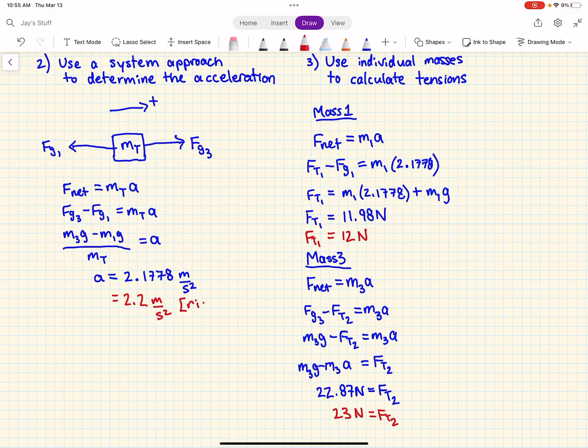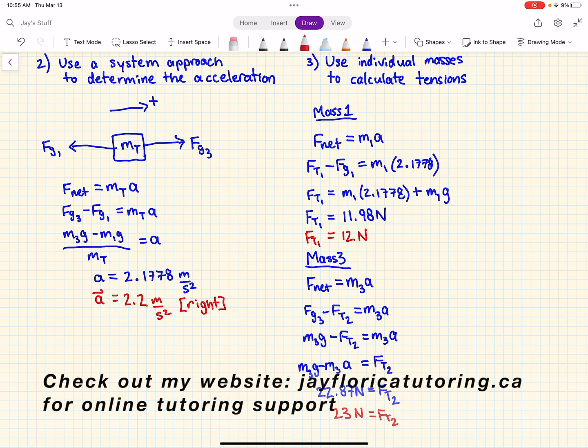And I'm going to call that to the right. If we express a as a vector, I'm going to express that general positive direction as to the right. The tensions, we don't need to give a direction because it's asking for the tension in the string. So it's not asking for the force of tension acting on any individual mass. It's just the tension in the string. So that doesn't actually have a direction.